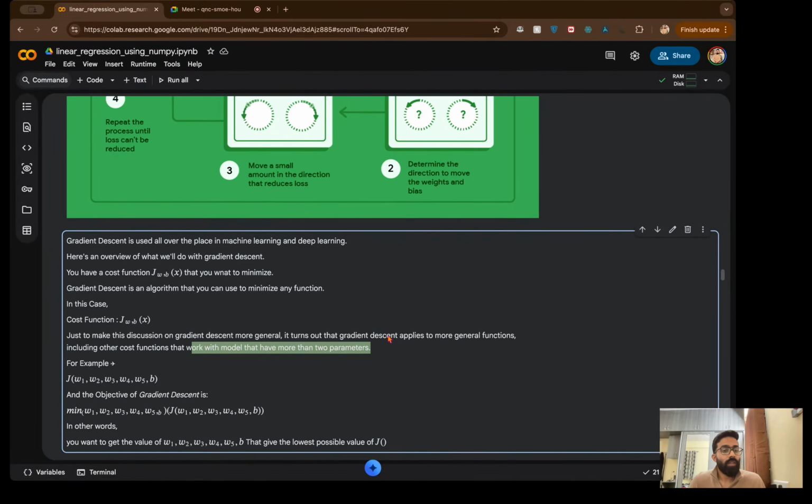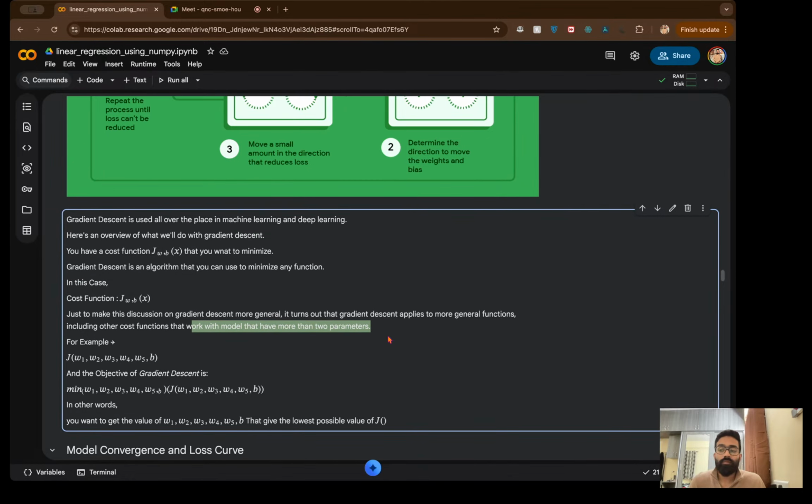But let's say you have 10 input features. In a real case scenario, there will be multiple dependent variables, right? In this example itself, predicting the price of the house is not only dependent on the size of the house. It will be dependent on other input features as well.